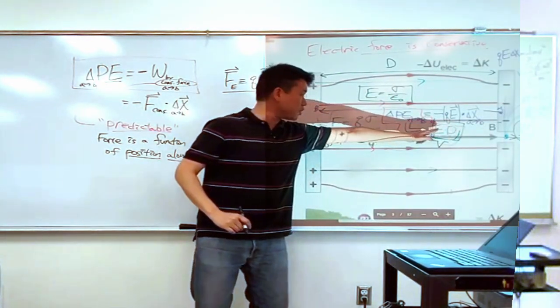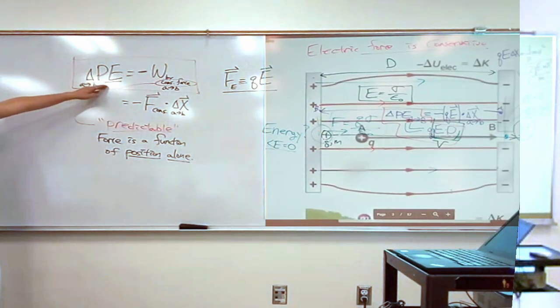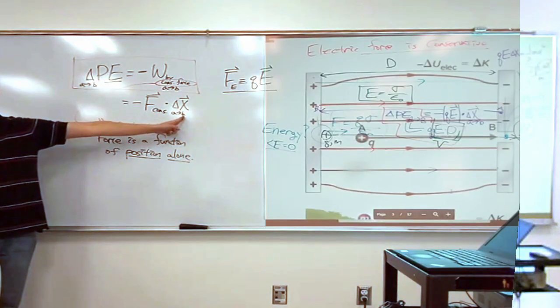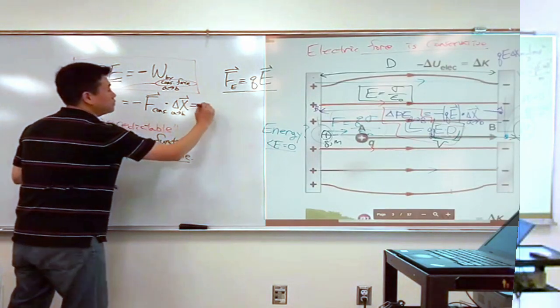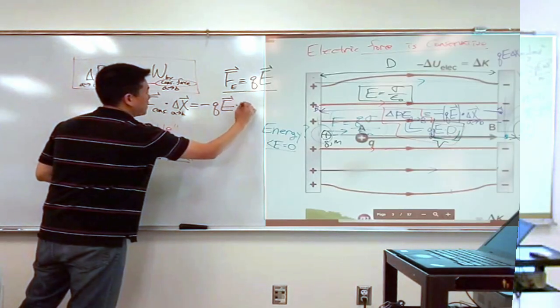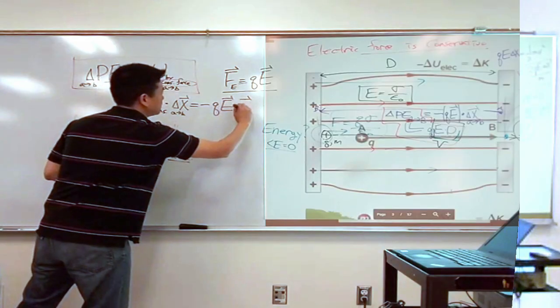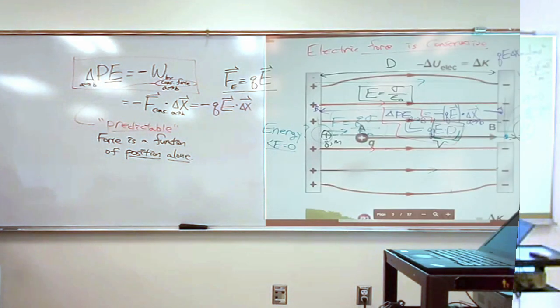But for that, I actually want to come all the way back here. Potential energy is the conservative force times the displacement, right? So let me write this out, assuming the conservative force is the electric force. This is going to be equal to minus Q times E dot displacement.